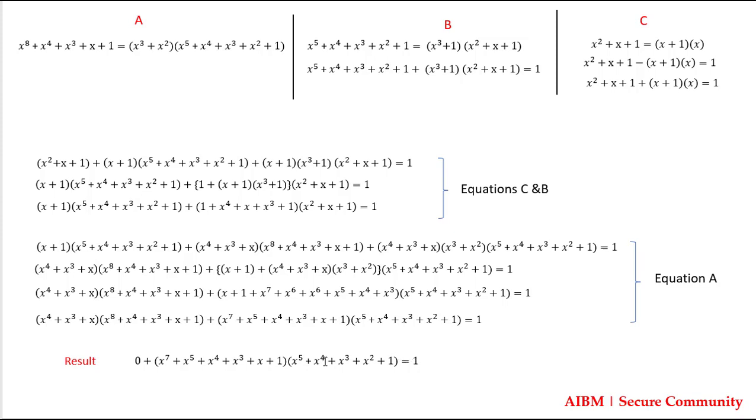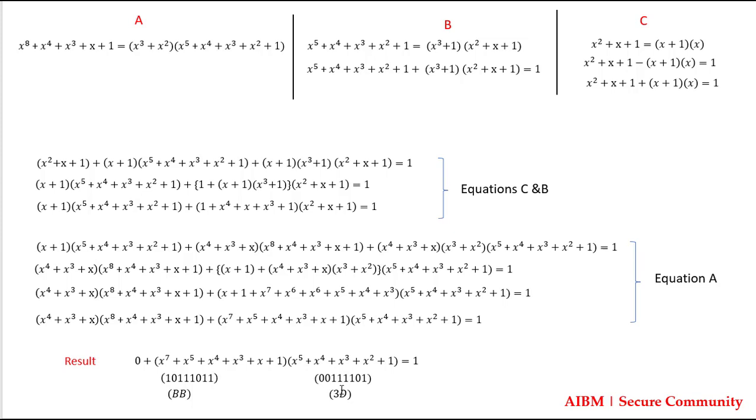So if we calculate this polynomial with the binary value and calculate this polynomial with the binary value, the result will be 1 0 1 1 1 0 1 1, and this is BB, and this side will be 0 0 1 1 1 1 0 1, and this is 3D.